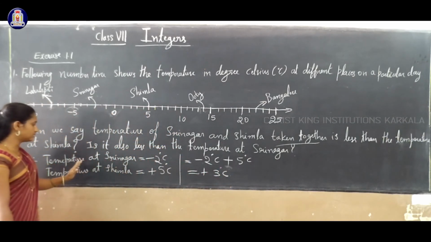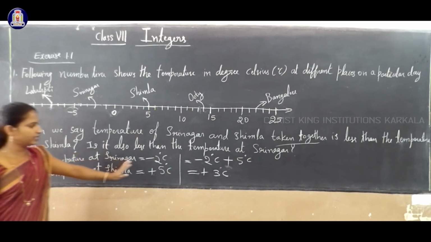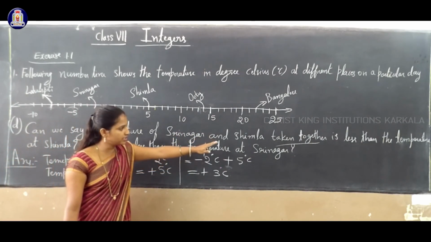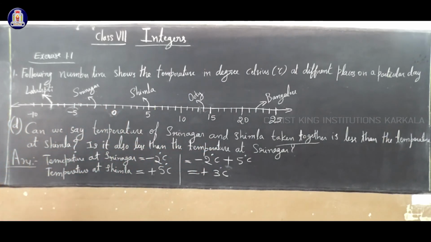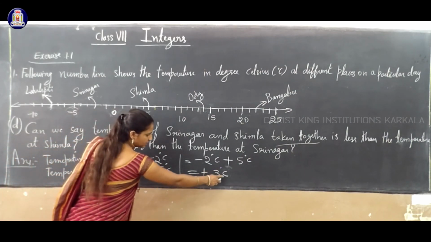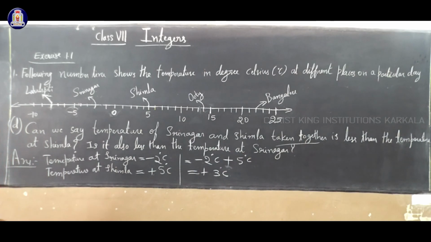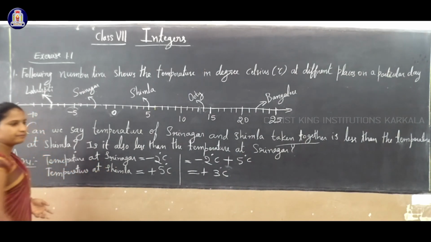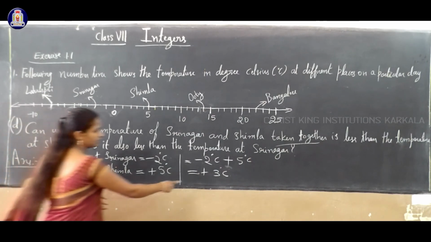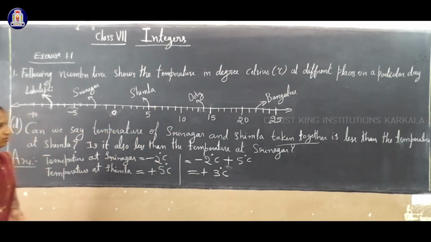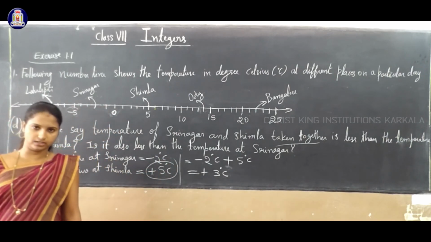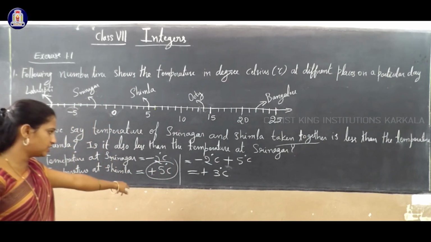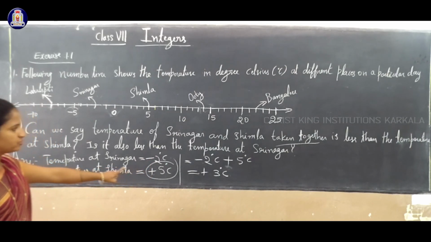Clear? So that is the temperature of Srinagar and Shimla together. Now you have to compare. We got plus 3 degrees Celsius together, and the temperature at Shimla is 5 degrees Celsius. Comparing plus 5 and plus 3, which is greater?